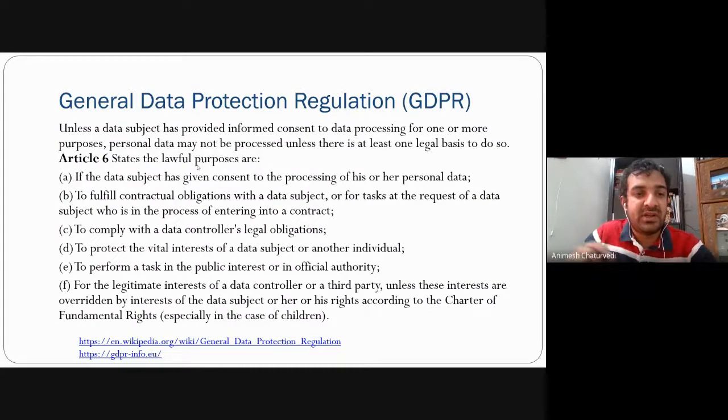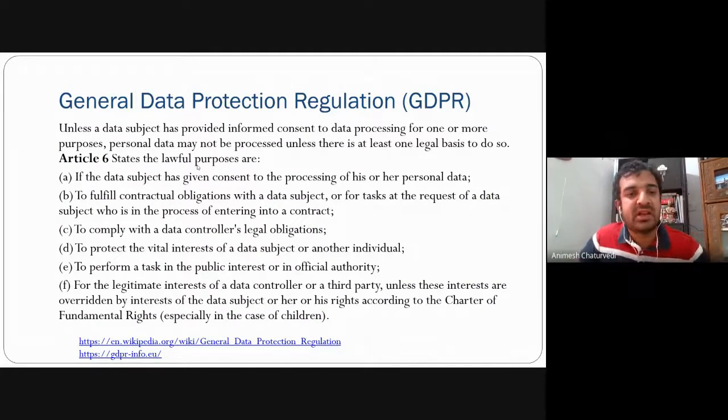This article is a small part of the GDPR that I collected, to show how the laws are formulated. We'll read it and discuss some important points. It says: unless the data subject has provided informed consent to the data processing for one or more purposes, personal data may not be processed unless there is at least one legal basis to do so.